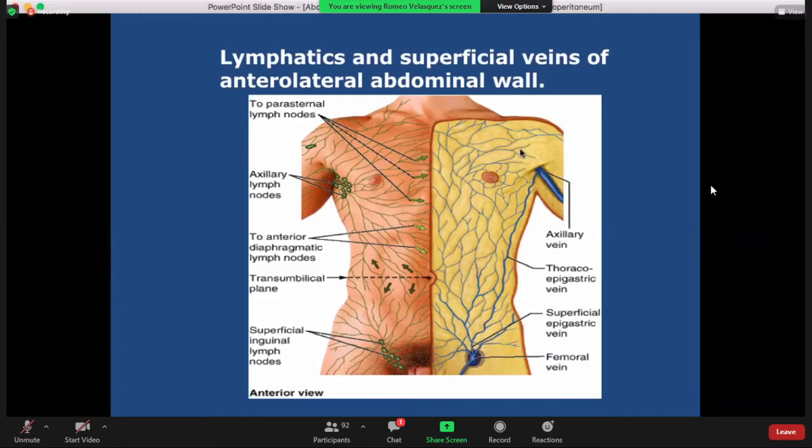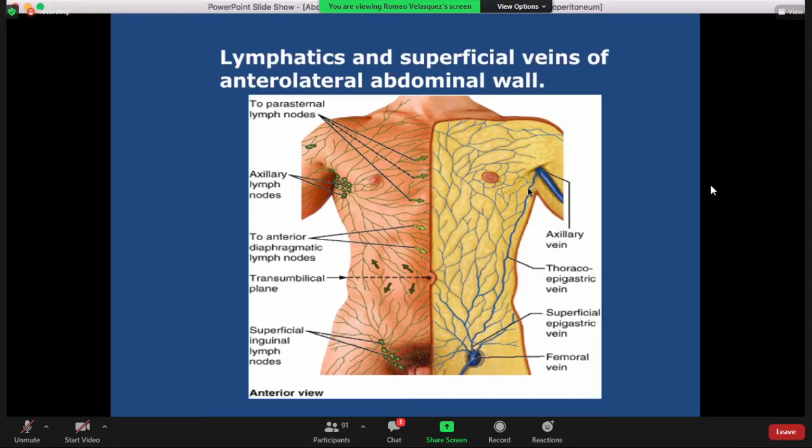So this is an important part of this illustration, just to show the bypass from femoral vein to axillary vein, should there be any obstruction along its path. Since this is a tributary of the vena cava, any obstruction in the inferior vena cava will make this very prominent, since this is a very superficial blood vessel.